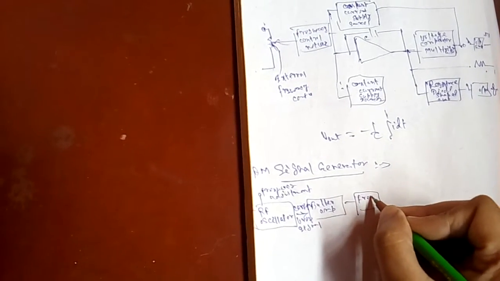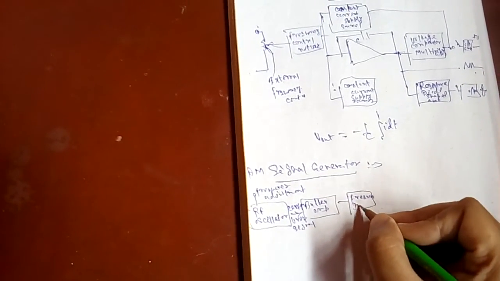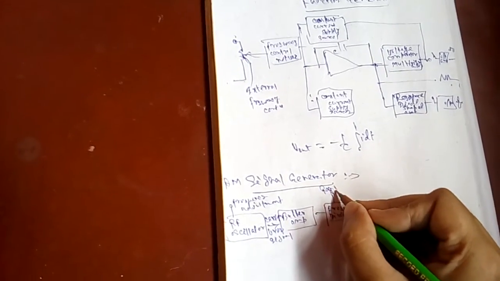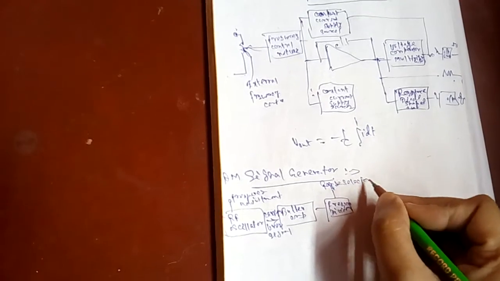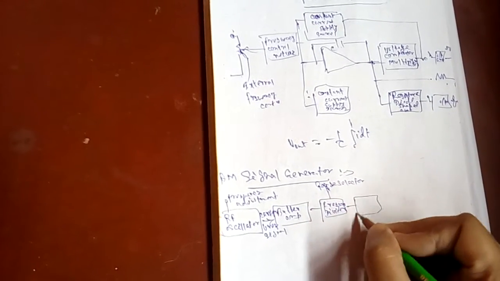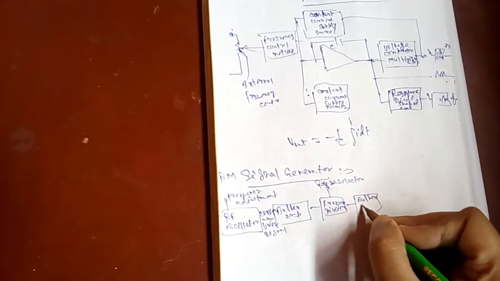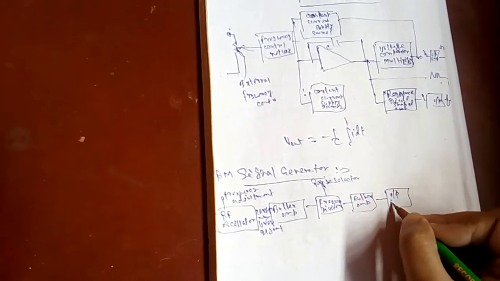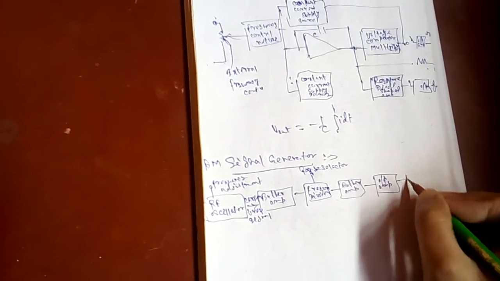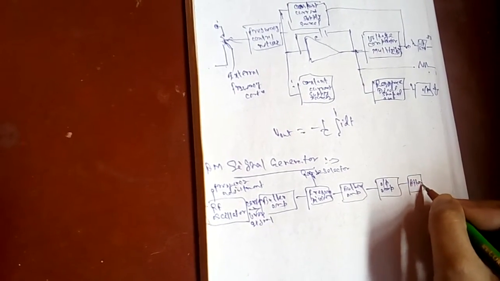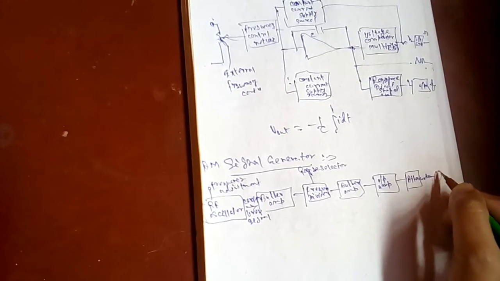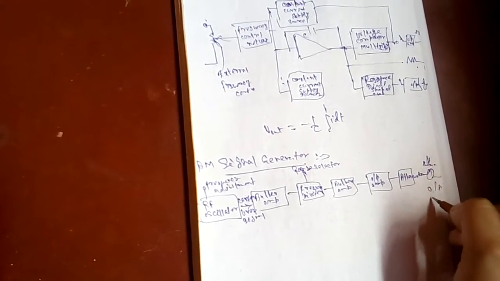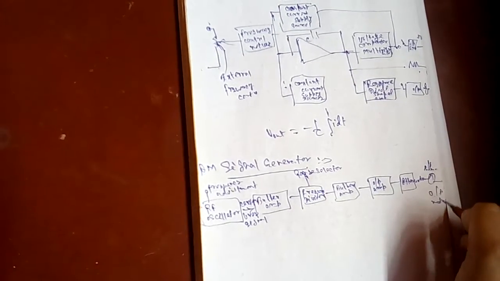Then it goes to the frequency divider for range selection. Again there is a buffer amplifier. Then it is connected to an output amplifier, then to an attenuator. We get the output modulated signal.